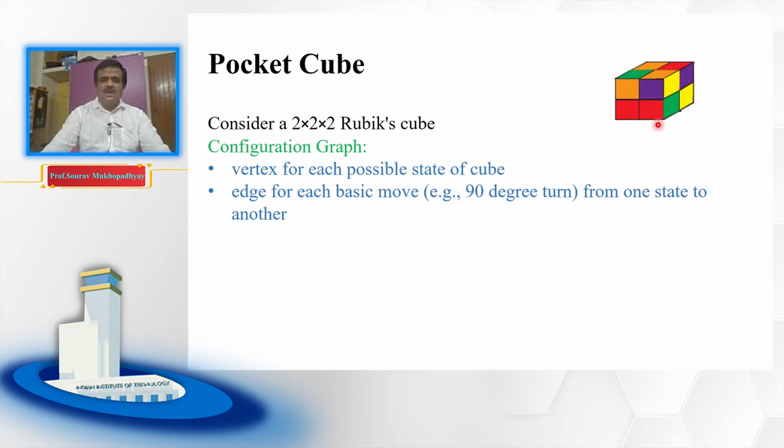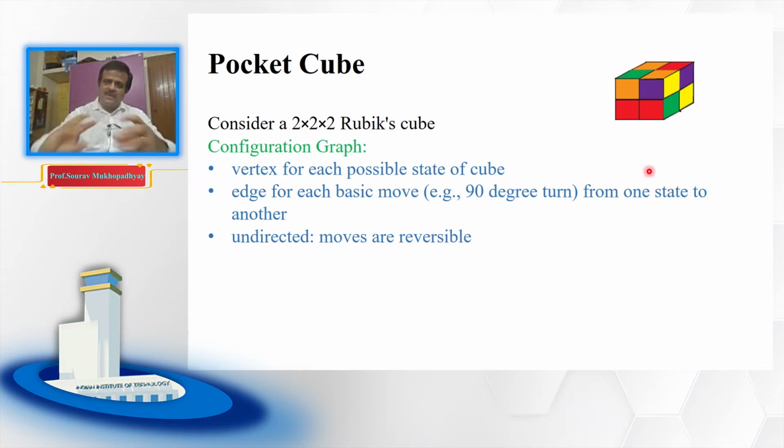This is the graph we can consider, and it is undirected, as I said, because moves are reversible: if we make a 90 degree turn, we reach another state, that is the edge, and from that state we can go back by the reverse of that turn. So this is an undirected graph.